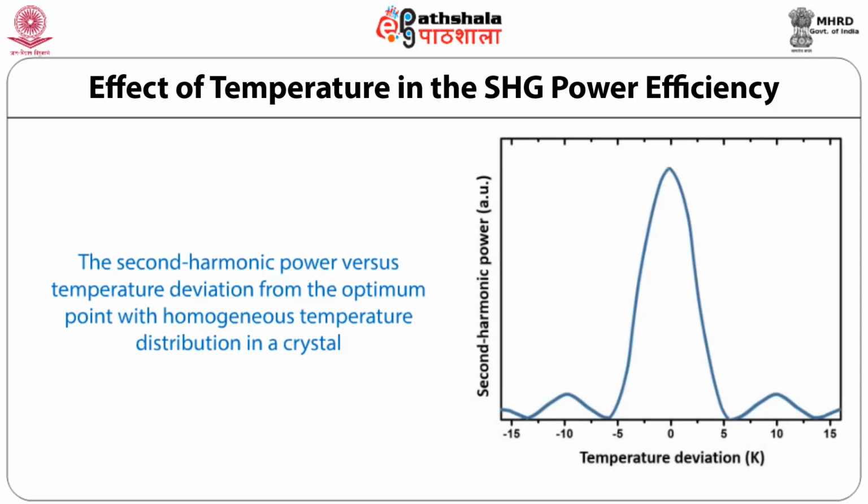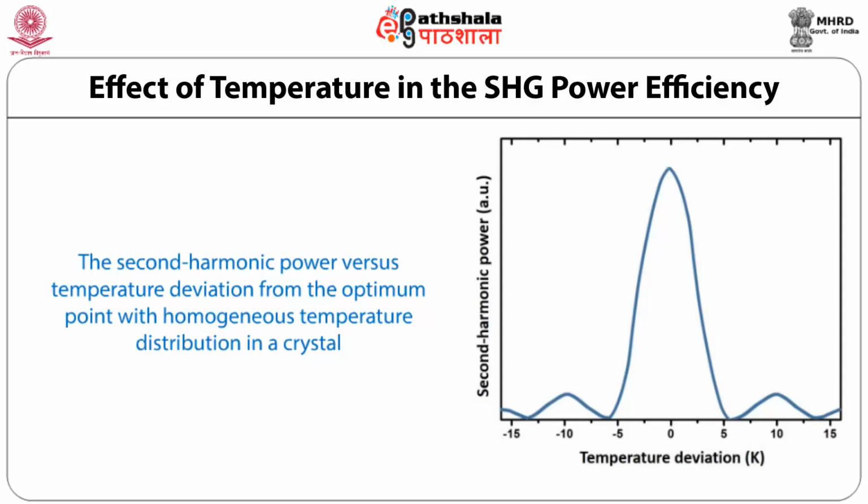Effect of temperature on the SHG power efficiency. The crystal temperature around the optimum point develops phase mismatch and variation in the conversion efficiency. Figure 3 plots the second harmonic power versus temperature deviation from the optimum point with homogeneous temperature distribution in a crystal.